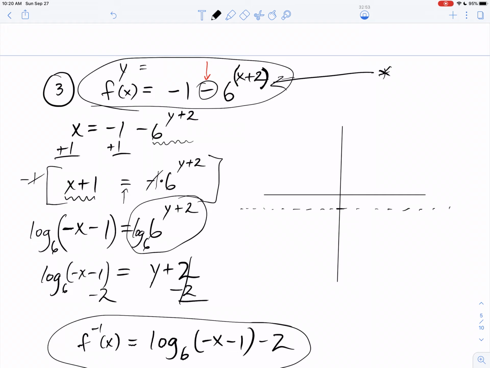No, I don't. This graph has been flipped downward. Since it's been flipped downward, I'm going to go 1 unit below the floor. And then this part right here says, wait a minute, go this way 2 units, then count 1 below the floor, and then sketch your graph.